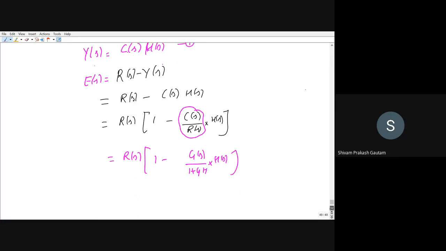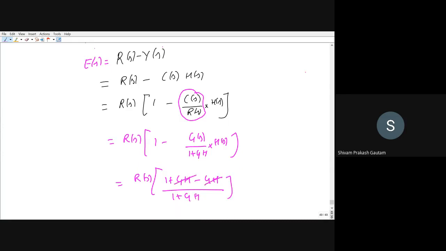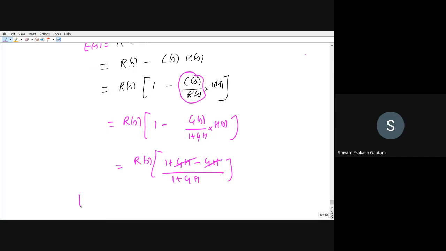If you take the LCM, R of s into 1 plus GH minus GH upon 1 plus GH. So this GH will cancel out. We will have the error, that is E of s equal to R of s multiplied by 1 upon 1 plus G of s into H of s. Is it okay?